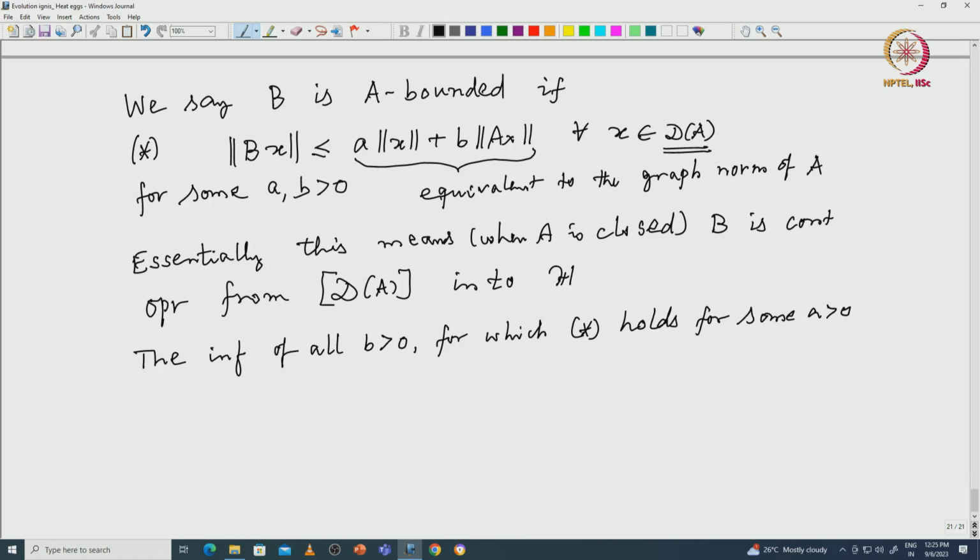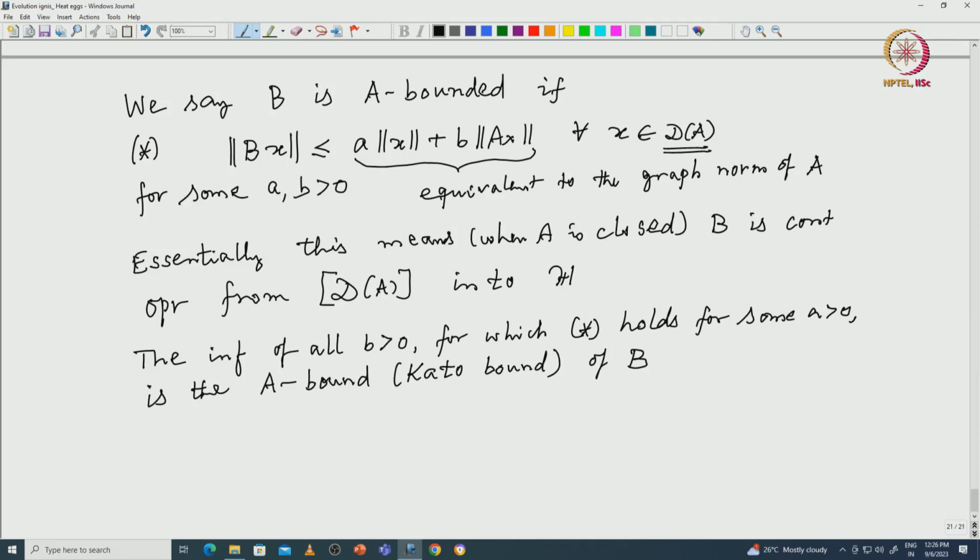So, that is called the A bound, and in literature you also find the name Kato bound of B. Okay.